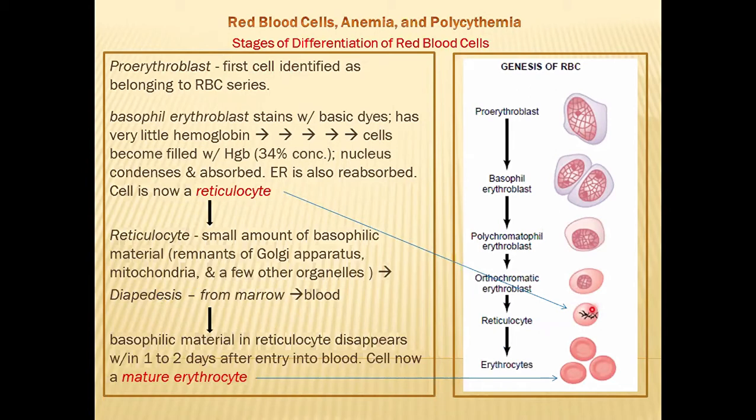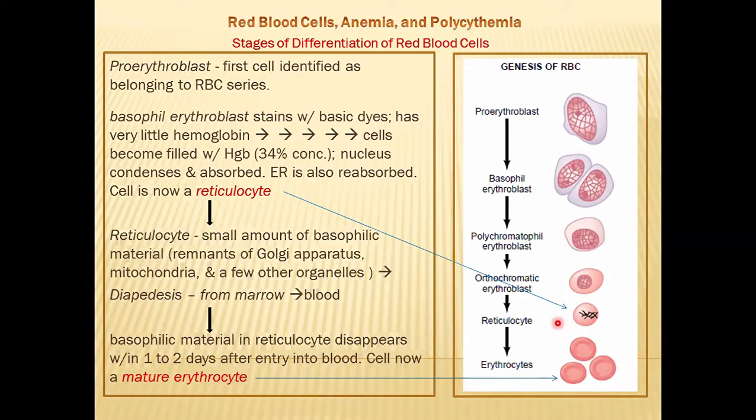So you look at this right here, the nuclear structure. So the reticulocytes are small, and a small basophilic material, which is a remnant of the Golgi apparatus, is what is left there.